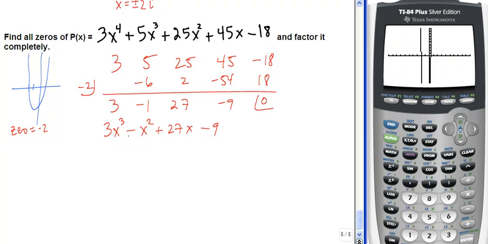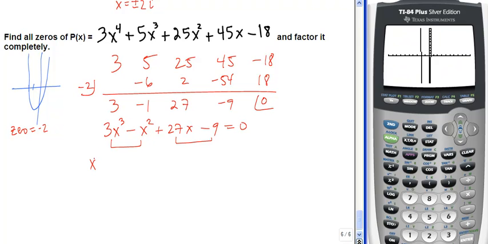There's no common GCF going on here, but if you remember one of your factoring strategies, this has 4 terms, and it has good potential for being factorable using the grouping method. If I group these 2 together and these 2 together, we might be able to pull out a GCF from each of those pairs.